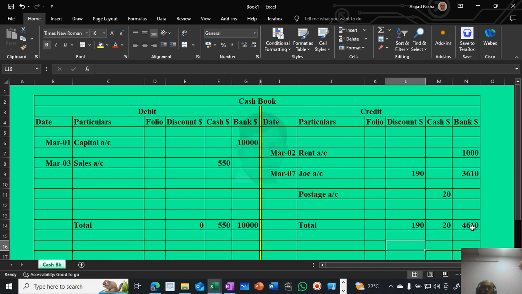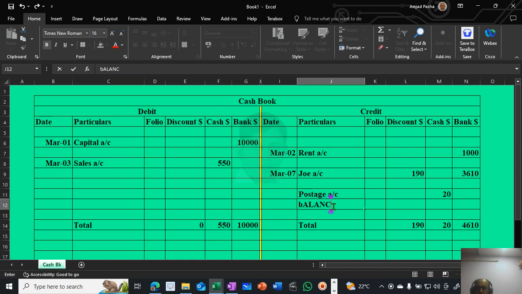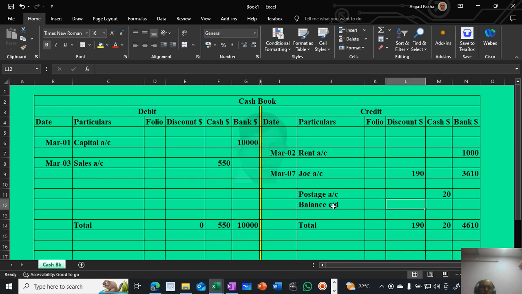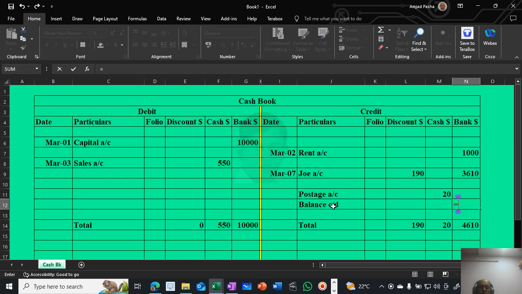So how we have to balance is, which side is heavier? This side is heavier. So this side minus this side. Basically, balance carried down, you have to write here. Then you have to find the difference of this value and this value.